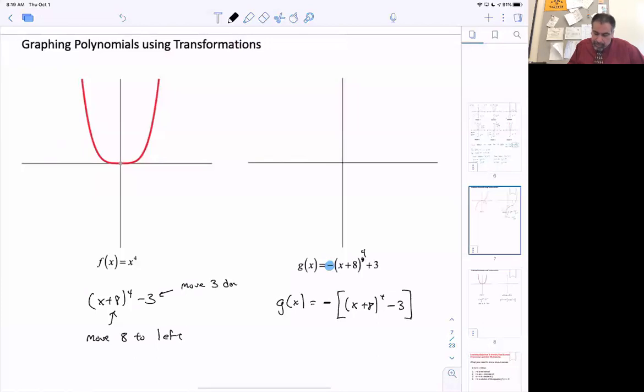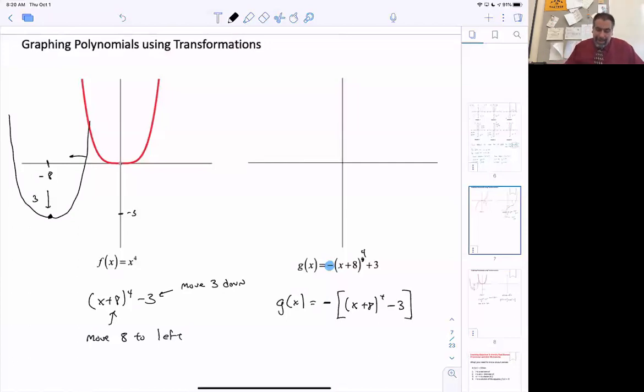This one moves 3 down. So that means my 0, 0 is going to move 8 to the left. So it's going to go this way 8, and then it's going to move 3 down. That's going to take us down here to negative 3. So this point is going to be here now at negative 8, negative 3. I would now draw this shape right here, and that's what I would get.